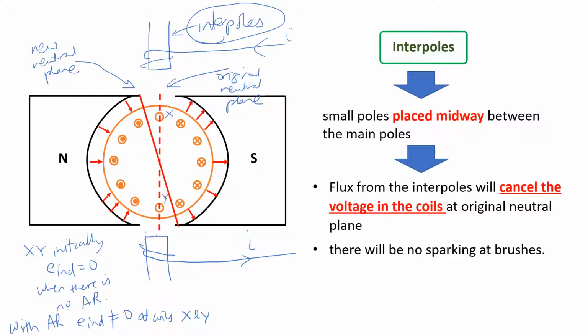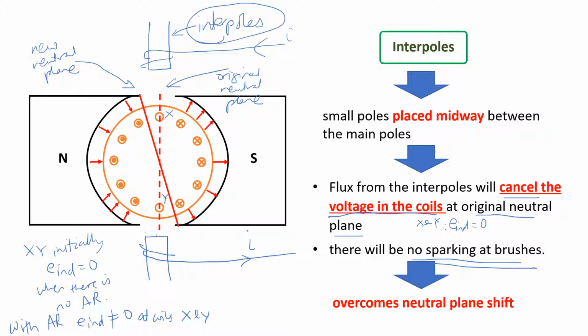And the flux from the interpoles will cancel the voltages in the coils X and Y to make the induced voltage zero again at the original neutral plane. So once the induced voltage goes back to zero, there will be no more sparking at the brushes. So the interpoles are to produce a flux that will cancel the voltages in the coils at the original neutral plane, and this will then overcome the neutral plane shift problem.